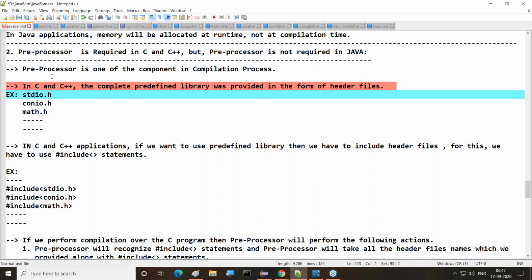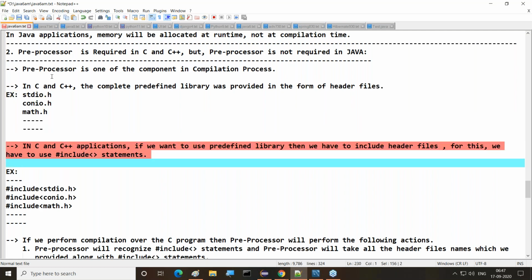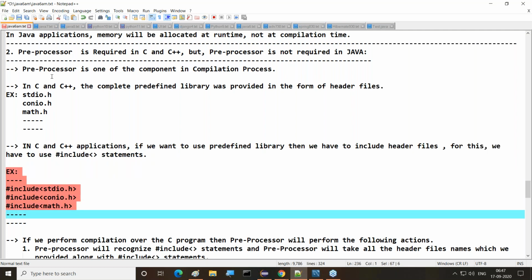In C and C++, the complete predefined library was provided in the form of header files: stdio.h, conio.h, math.h, and so on. To use the predefined library in C and C++ applications, we have to include header files using hash include statements. Examples: hash include stdio.h, hash include conio.h, and hash include math.h.